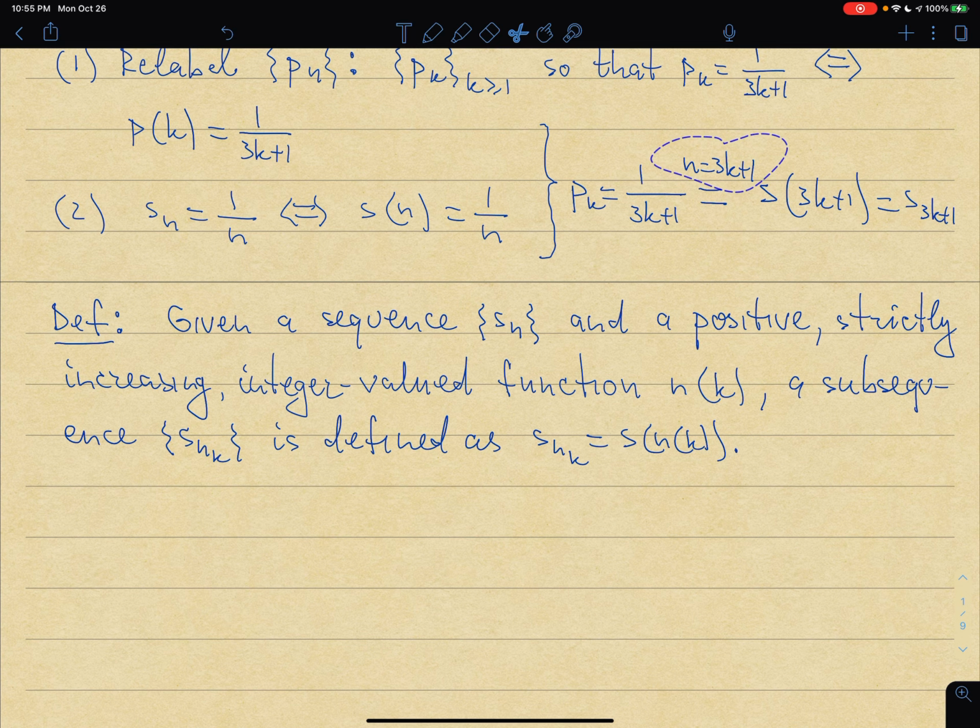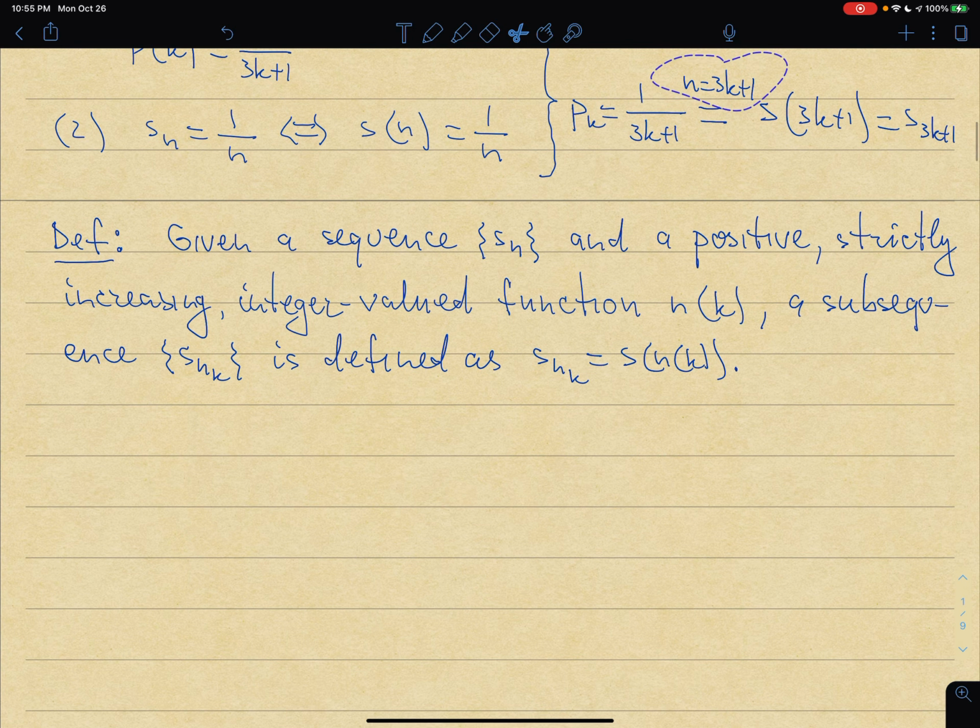So if I look at n of 1 and n of 2, n of 1 must be strictly less than n of 2. So the first element of my sequence is going to be an element with an index n of 1.